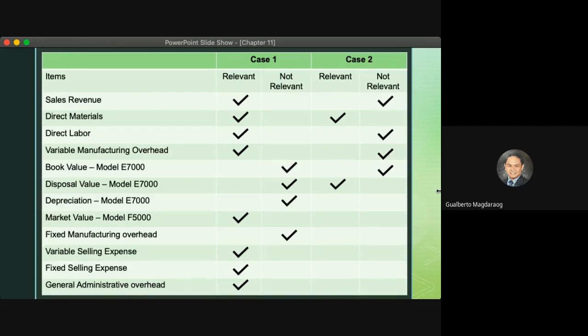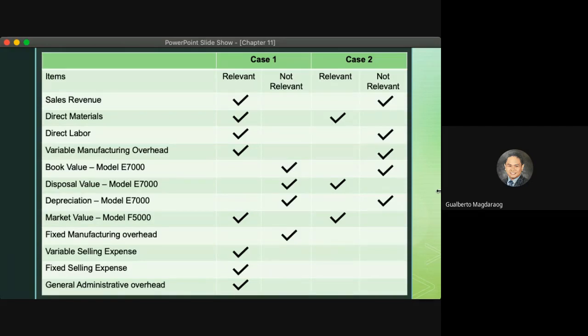Depreciation of the old machine is also an example of a sunk cost. Even if we will sell it, we cannot recover it anymore. So, it is an irrelevant cost. The market value of the new machine, of course we will pay for that. It will make a difference, then it is a relevant cost.